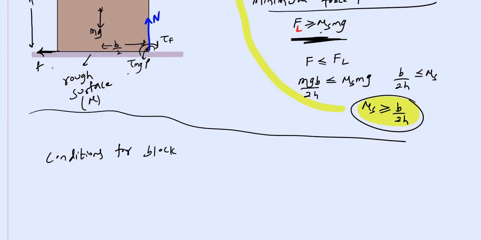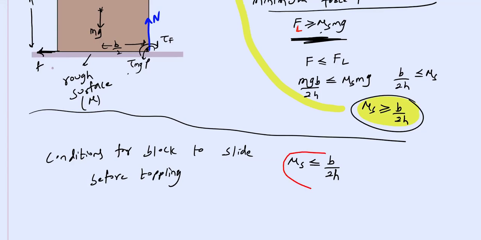So in this particular situation, you apply a force on the block, and if mu s is less than b by 2h, first the block slides, then toppling occurs.